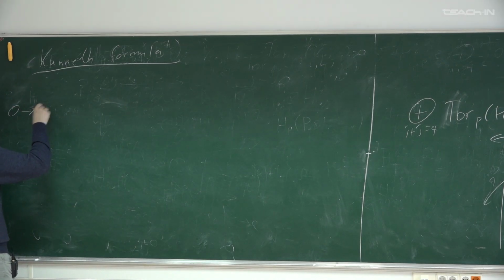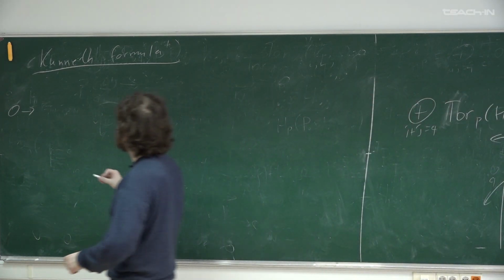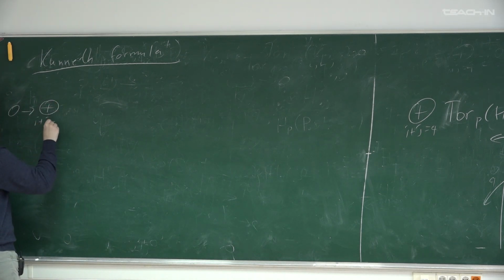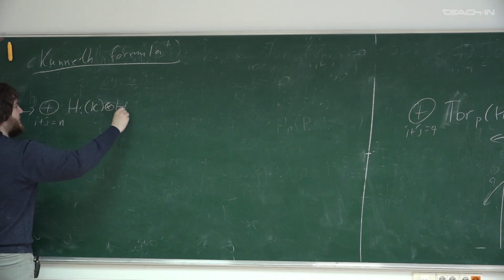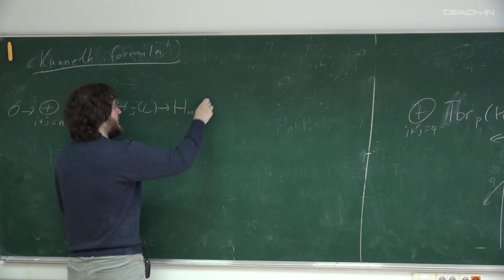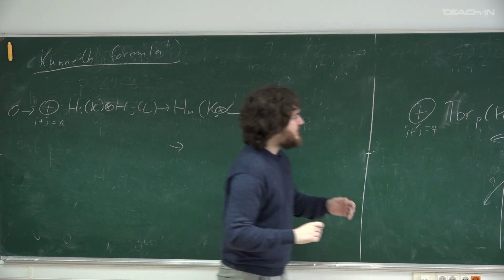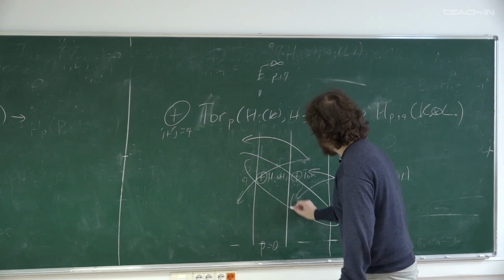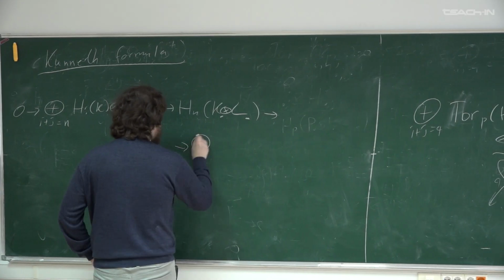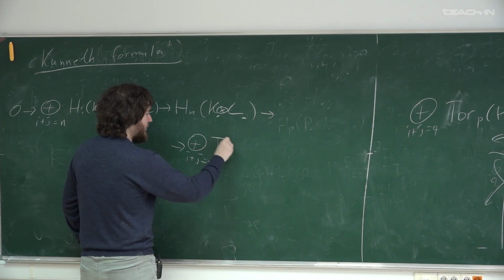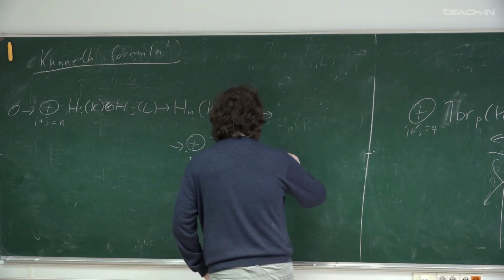You have E infinity, where P is 0, which is the sum of H_i(K) tensor H_j(L). It goes to H_n(K tensor L), and the quotient is E infinity of the same diagonal, so I plus J is n minus 1. The only non-trivial Tor between the same homologies.